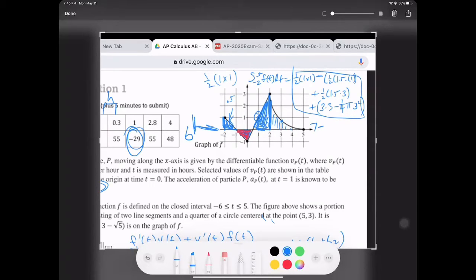Did I skip too many steps? Are you guys okay with these parts up here? Are you guys okay with these parts over here? Anyone have a question on how I got these parts? We're good?